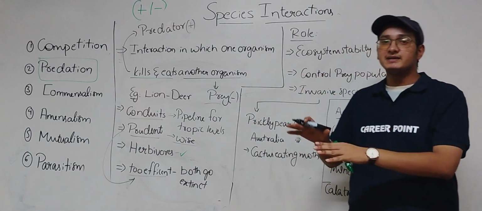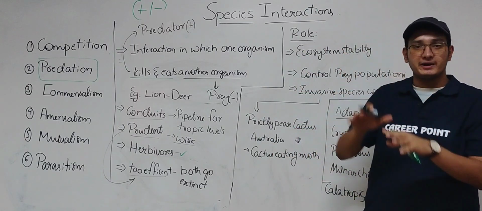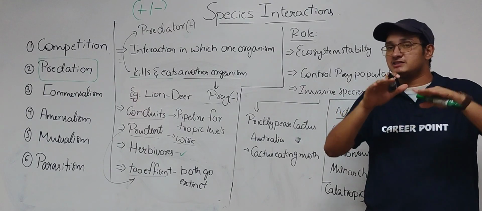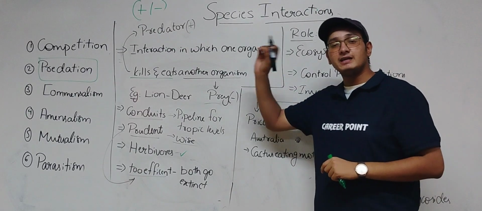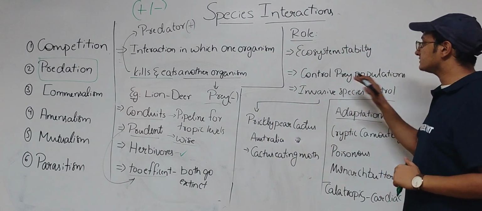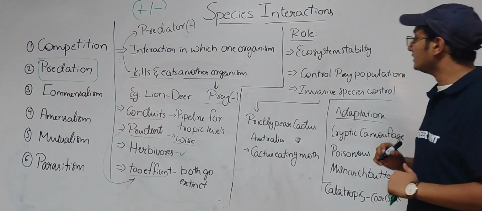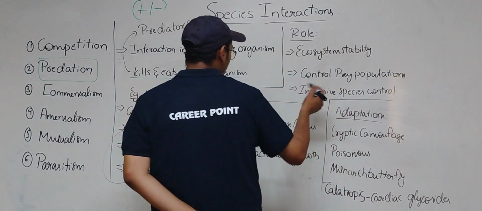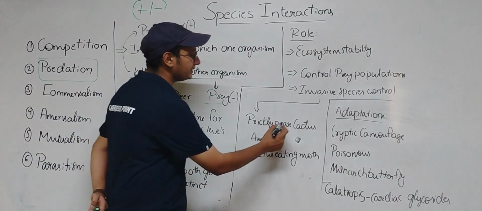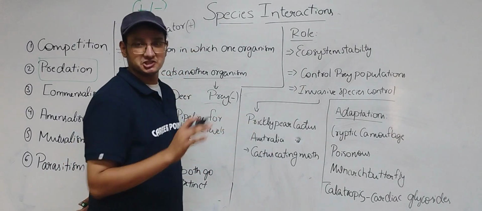So predators feed on prey so that everything is kept in a balanced state. This is why predators are very important for ecosystem stability. They control the prey population and they also control invasive species. There is a species called prickly pear cactus which was introduced in Australia.